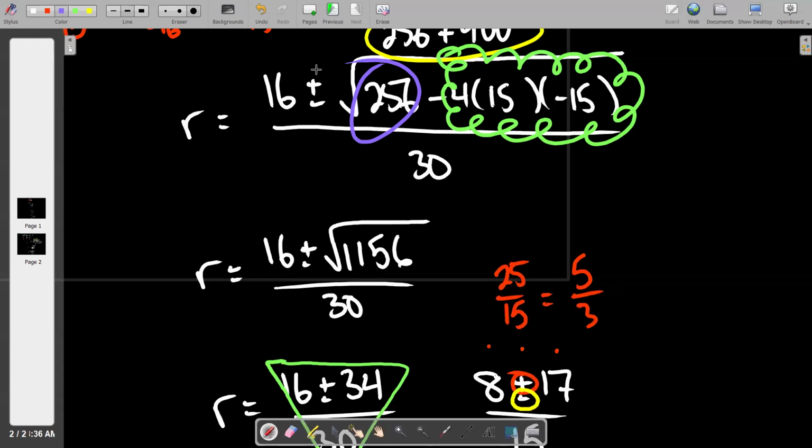We could just agree that however you did that, just don't do that again. It's okay to go off to the side, I don't care. But then the 256 cannot just be pushed aside. It's there. It's either going to be 256 minus the answer to the green stuff or 256 plus the answer to the green stuff. But the 256 isn't going anywhere. Got it? Okay.